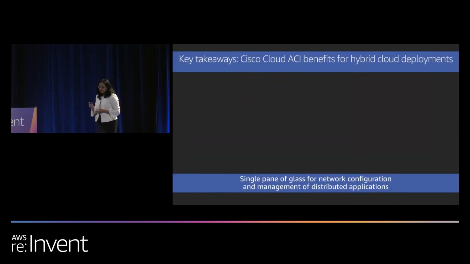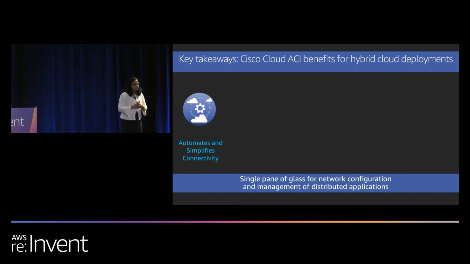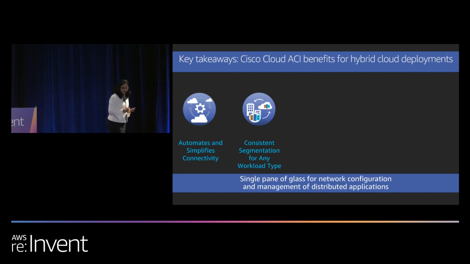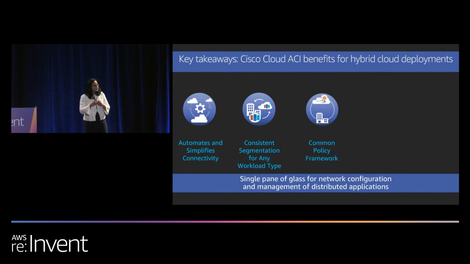Now, as some key takeaways, I want to stress upon these. The very first thing is you need to automate and simplify your connectivity. With the Cloud ACI solution for hybrid cloud environments, we do that. We provide consistent simplicity, and consistent and automated policy in your hybrid cloud environment. We provide a common policy framework, so your organization-wide compliance and policies will be adhered to.